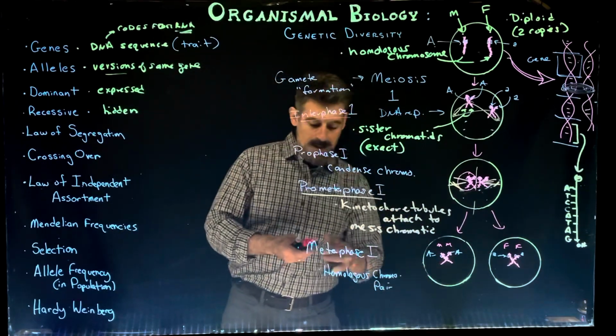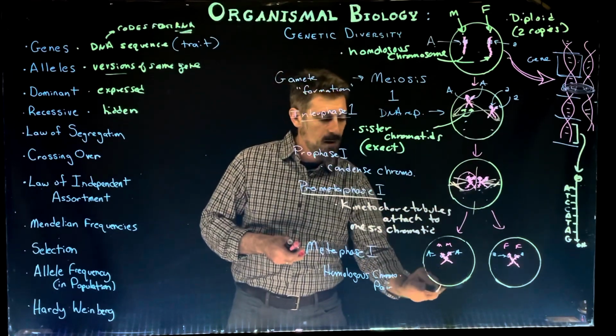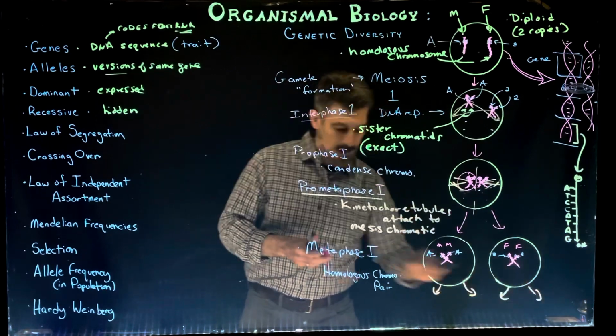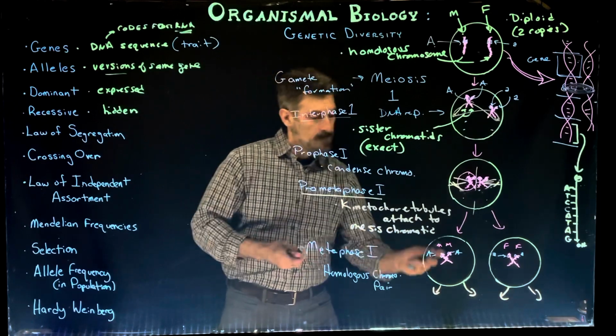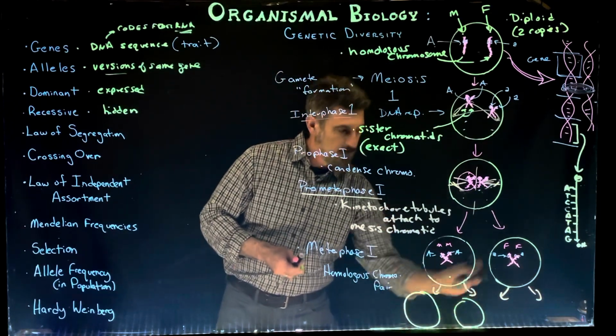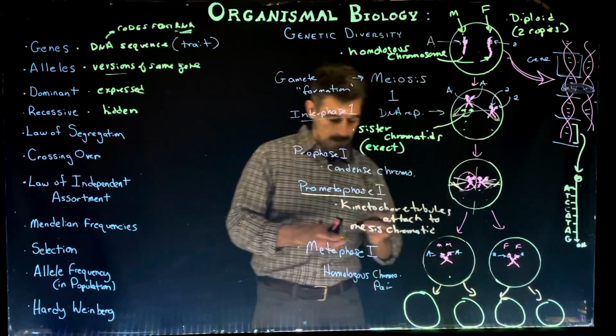There'll eventually be another division. Again, these same things happen all over again. That will result in this one dividing into two cells, and this one dividing into two cells. Okay.